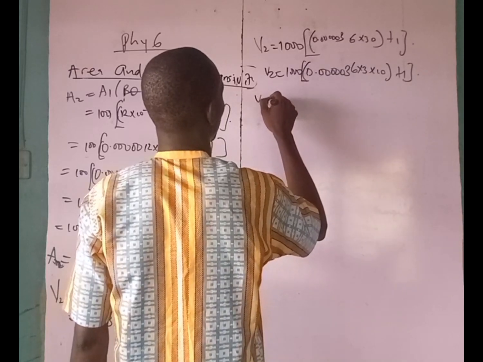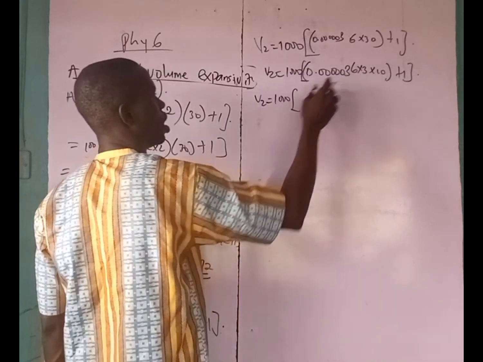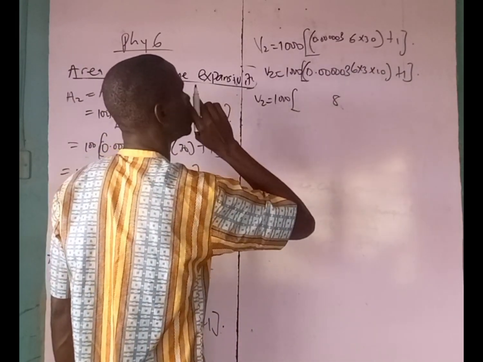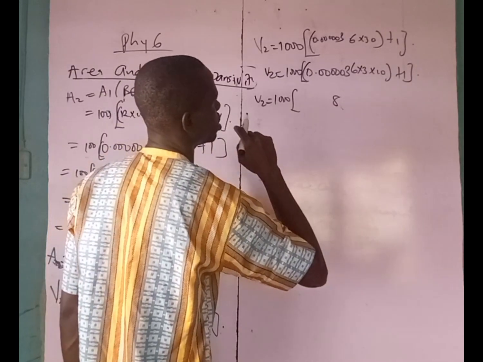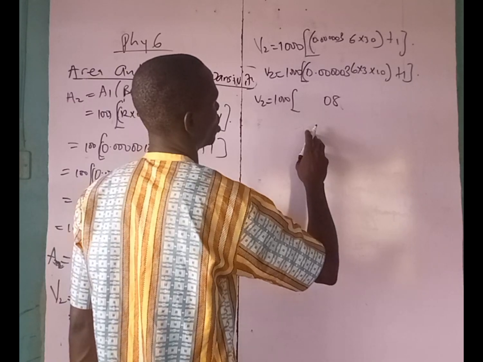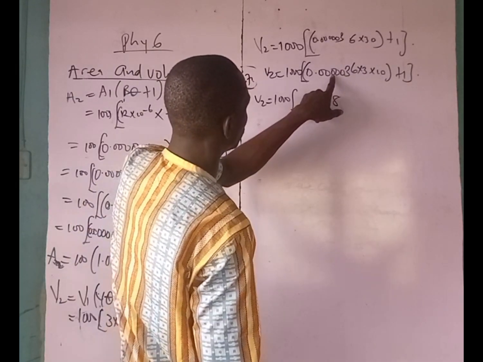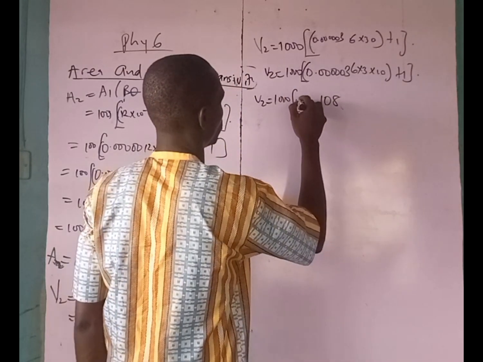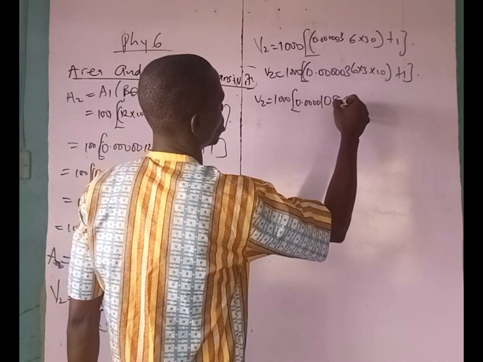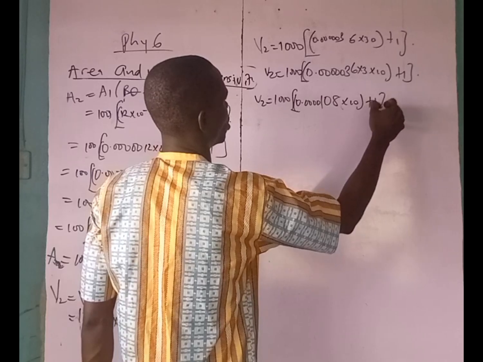So V2 now will give us 1000 into 3 times 6, 18, 8 keep 1, 3 times 3, 9, plus 1, 10. So we have how many zeros? 1, 2, 3, 4. 0.0001080 times 10 plus 1.